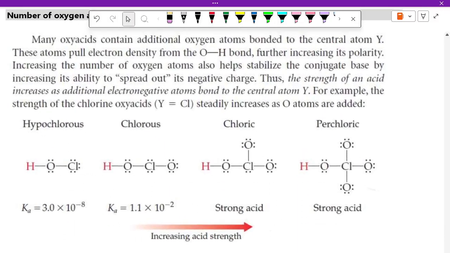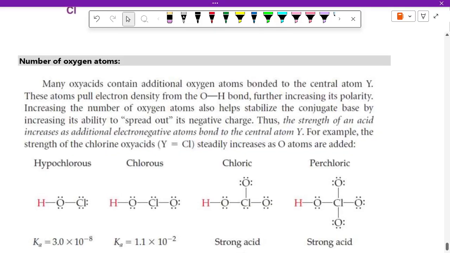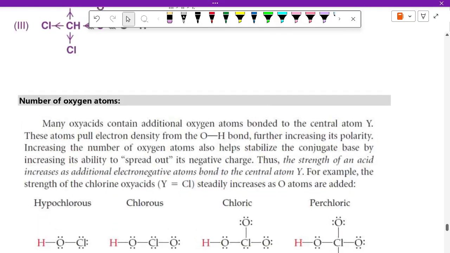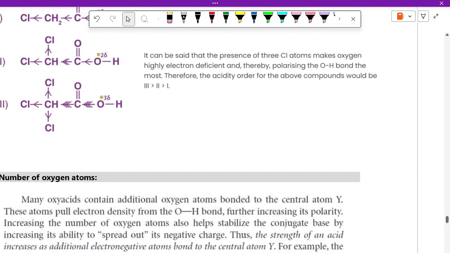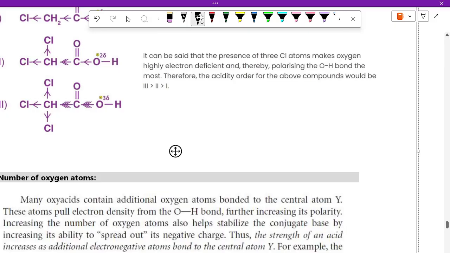Okay, so if you had an example of H2CO3 versus HClO3, who would be the stronger acid? This is just an example.